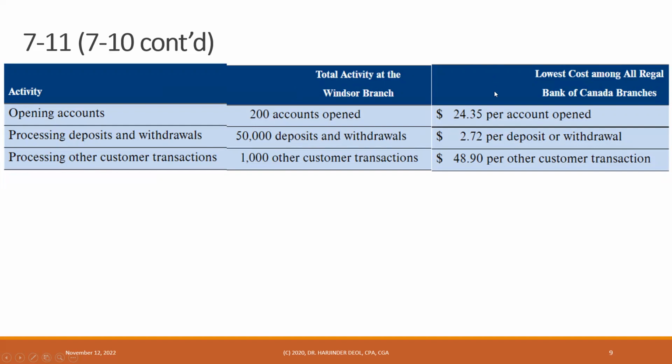And as a comparison, we've been provided the lowest cost among all of the bank's branches in Canada. So the cost for opening an account, the cost level for that activity, has been calculated to be $24.35.